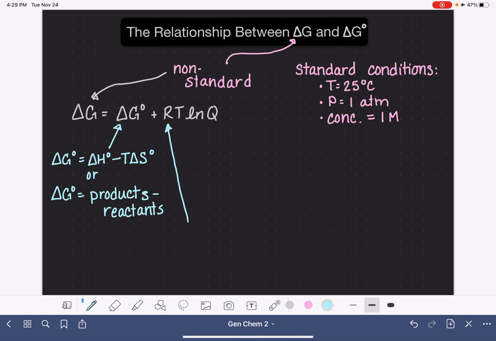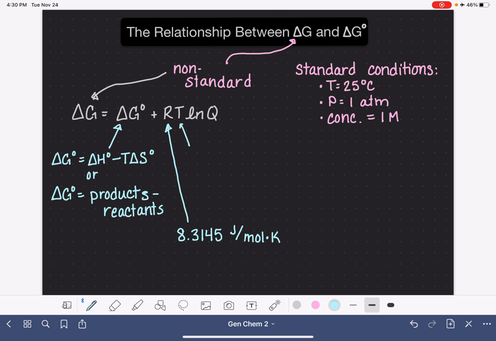We can do a unit conversion on R, which puts it into units of kilojoules or joules, which makes it more useful in this particular type of equation. When we do that unit conversion, the numerical value of R changes along with its units. So in this equation, we're using this version of R, 8.3145 joules per mole Kelvin.